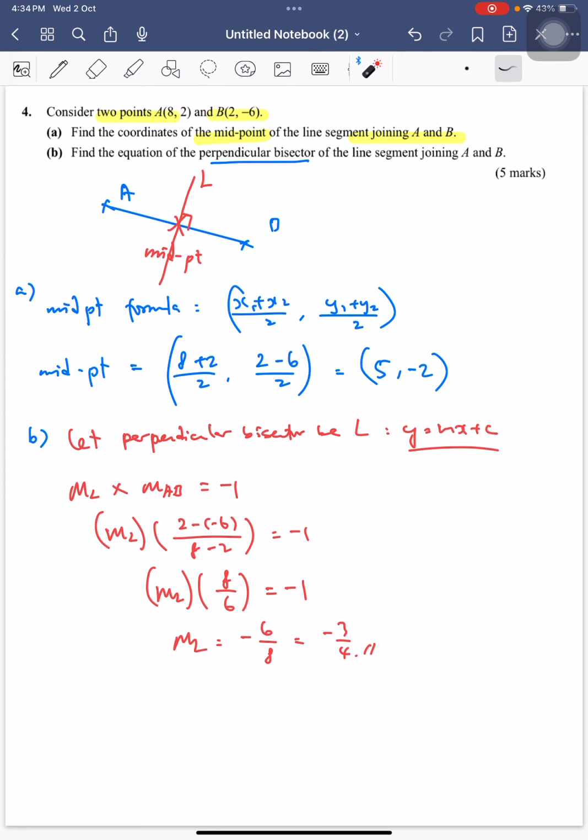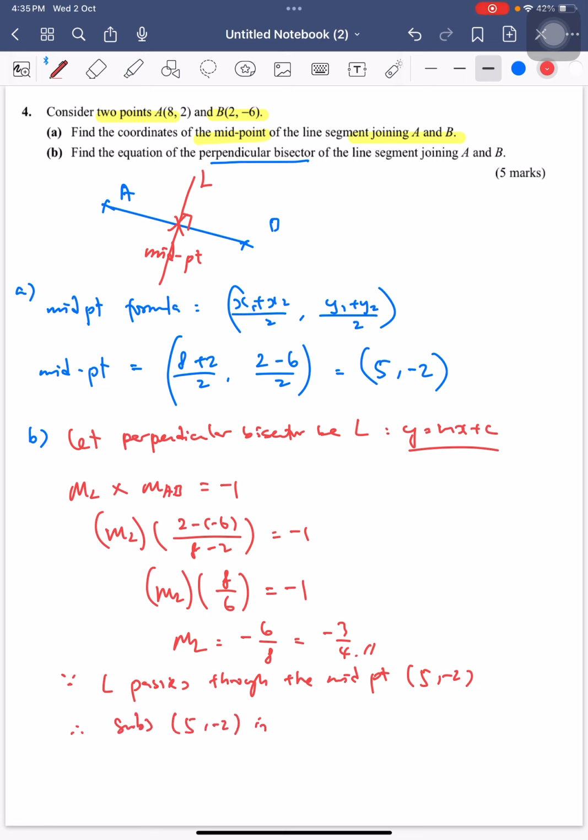And now we can say that because this straight line L, the perpendicular bisector, is going to be passing through this midpoint, we can substitute the midpoint 5, negative 2 into y equal to mx plus c.